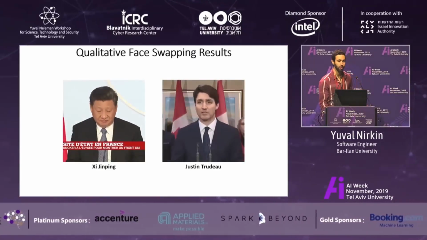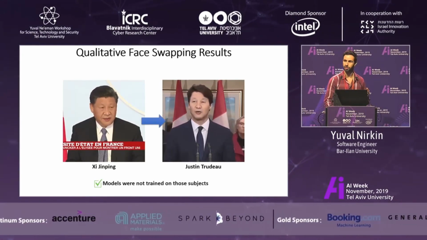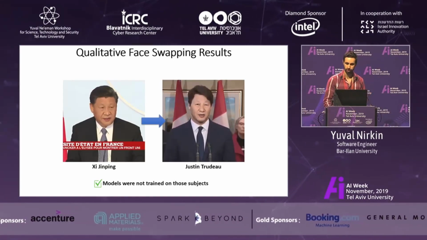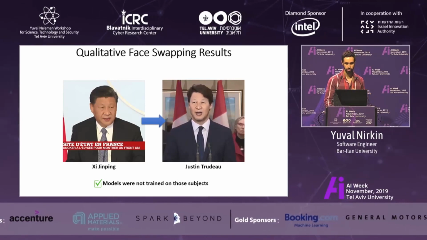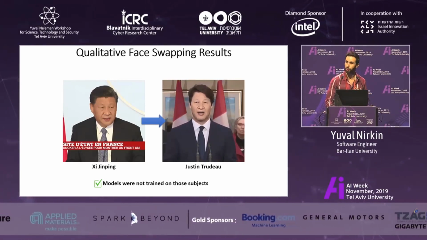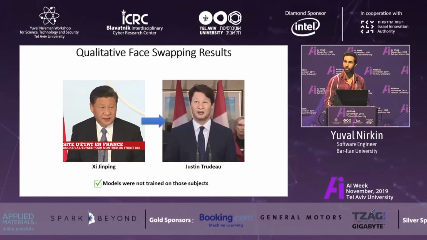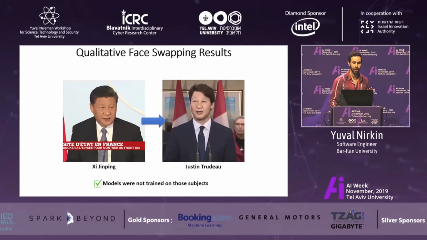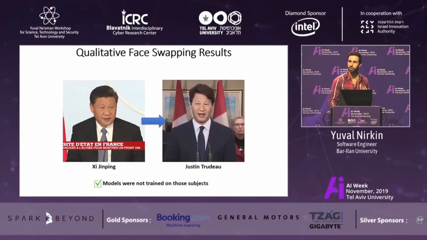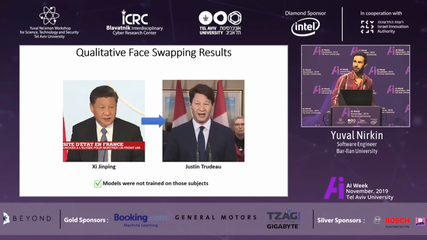In face swapping, the goal is to transfer the identity of the source face from the left video to the target subject in the right video, while preserving the target pose and expression. Our method can work on any pair of people without specific training. Therefore, we can produce real-time results on unseen subjects.